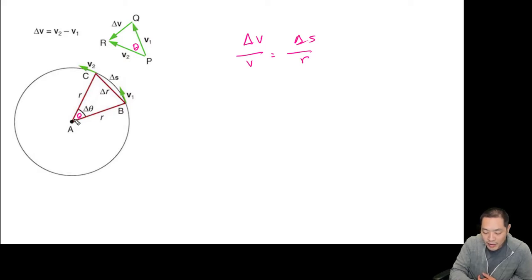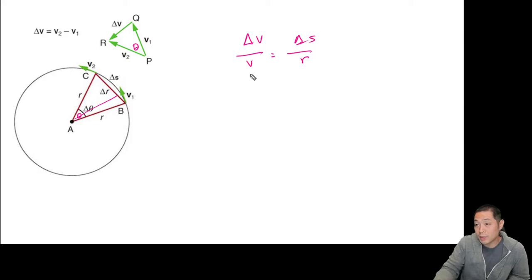Let's say the angle is right here, so this will get really close together, and V is going to be pointing towards the center. This angle is getting small enough that you can have this relationship that they have right here.